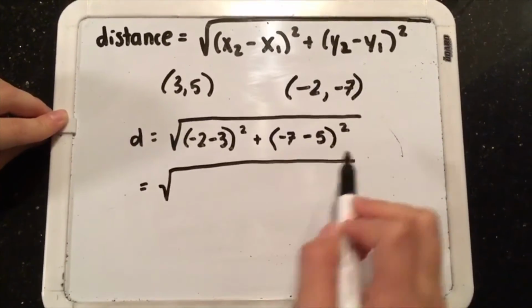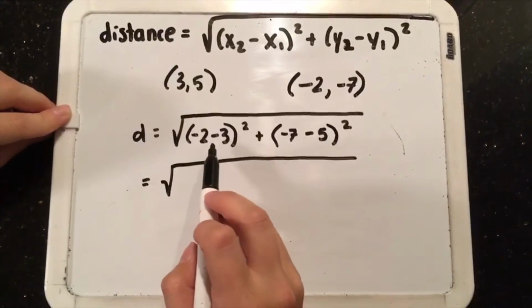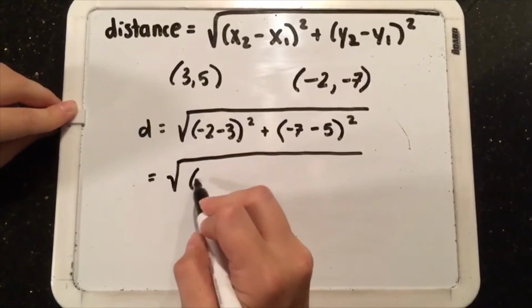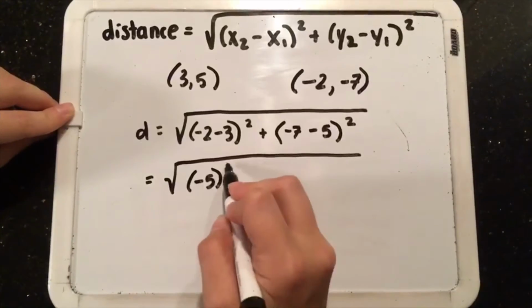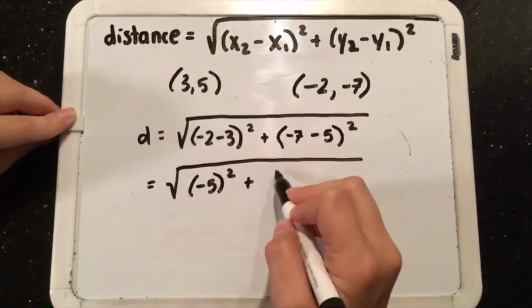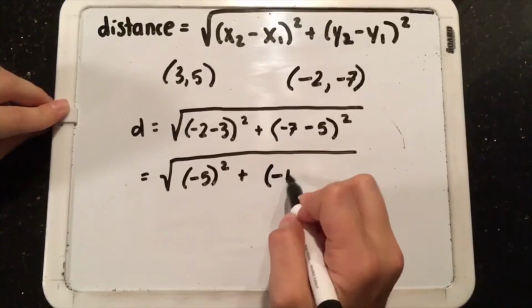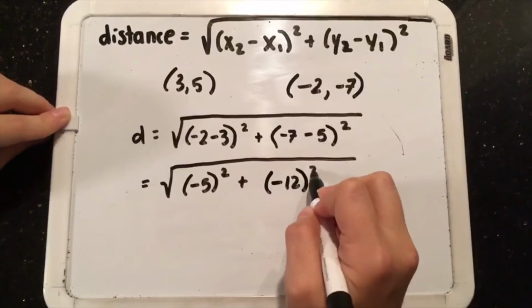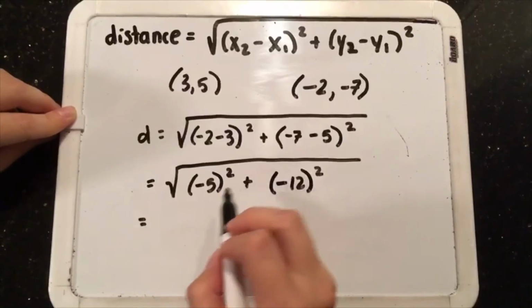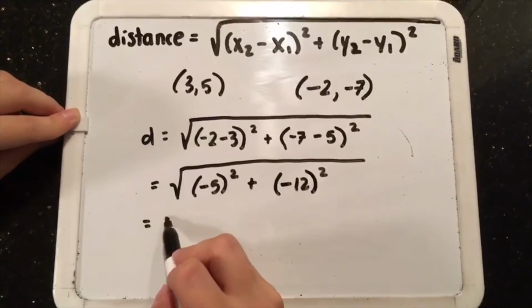equals the square root. -2 minus 3 is -5 squared plus -7 minus 5 is -12 squared. And remember, when you square a negative, it becomes positive.